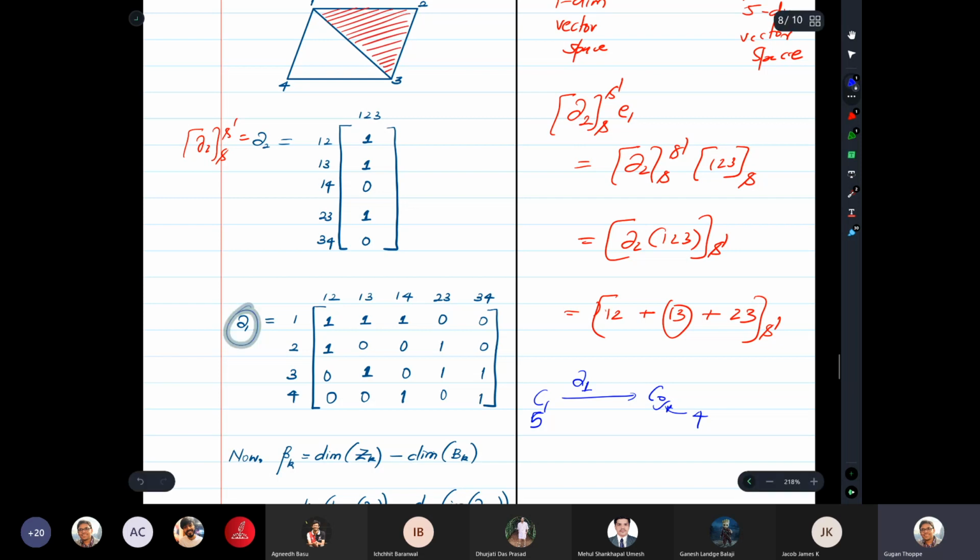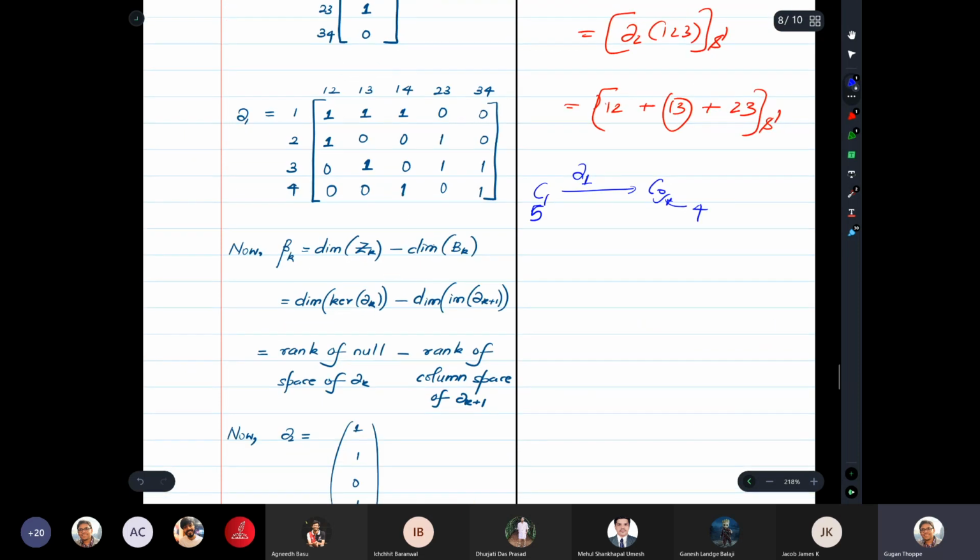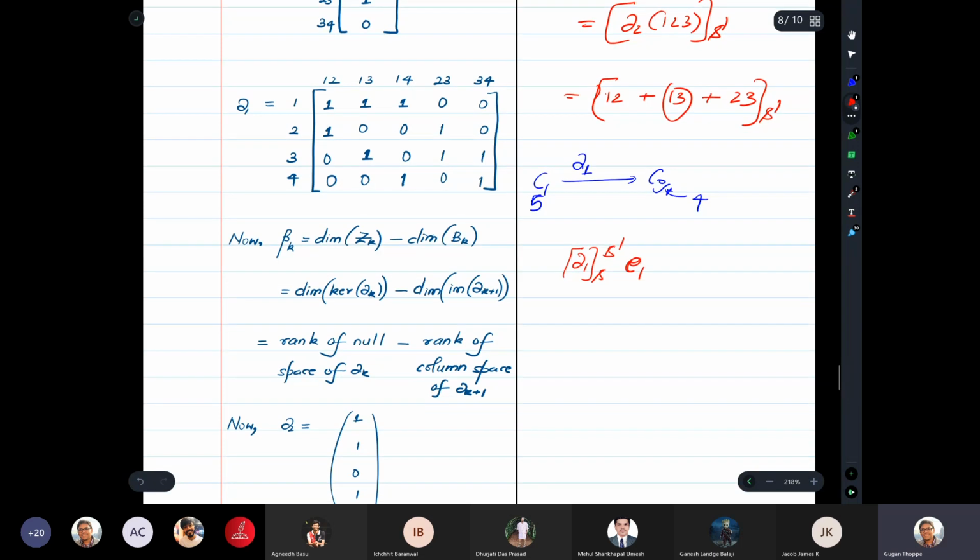Now if I have to find the first column of DABA1, I take the first edge, let's say 1, 2. Let me repeat this exercise so that it's clear. I want to find the first column of this DABA1 matrix, so I multiply with E1.